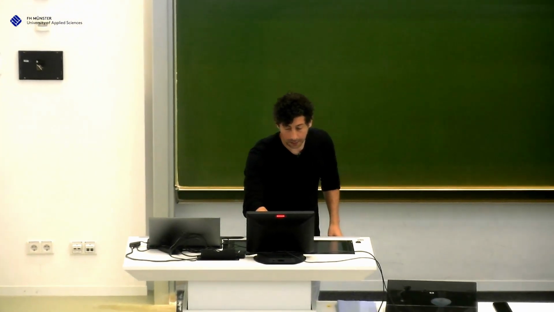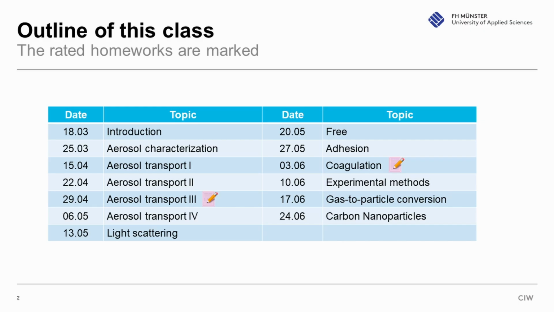Let's see for today. So today we will talk about experimental methods. Actually, I have some nice ideas how to make this lecture. I'm still not very happy with this lecture, but I will tell you in a minute why. The idea of today is that you get a little bit of insight into experimental methods we are using in aerosol technology and in nanotechnology.